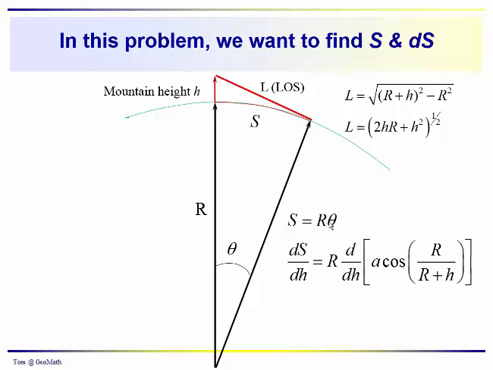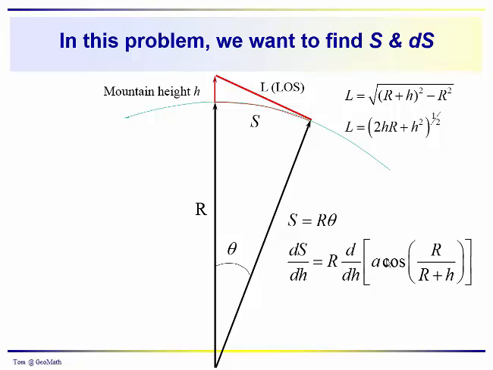So we know that S is equal to r theta. We want to evaluate dS/dh. And so we're going to have to evaluate the derivative of this inverse cosine. Cosine of theta is r, the side adjacent, over the hypotenuse, r plus h.